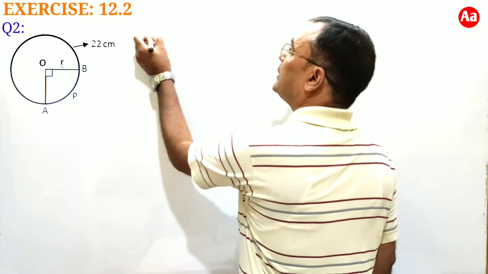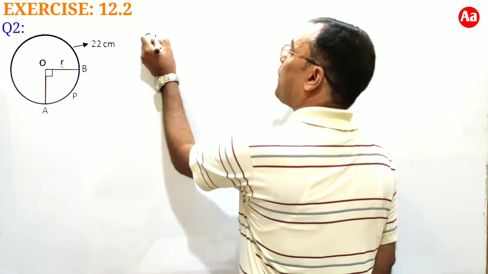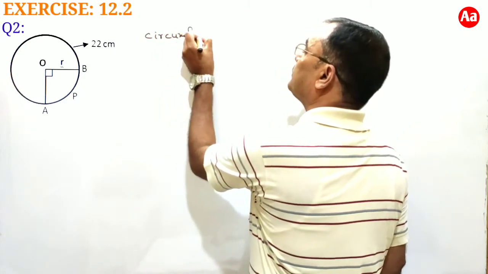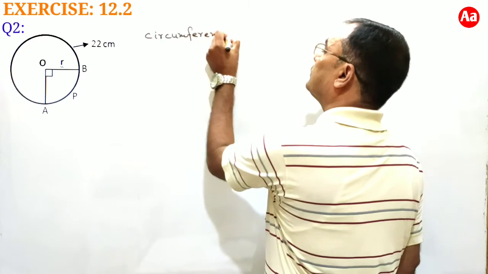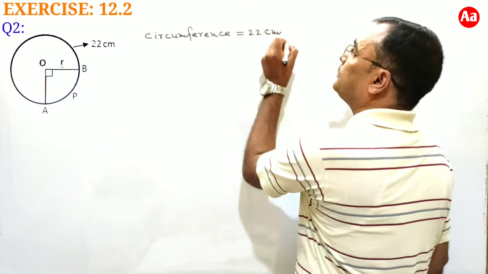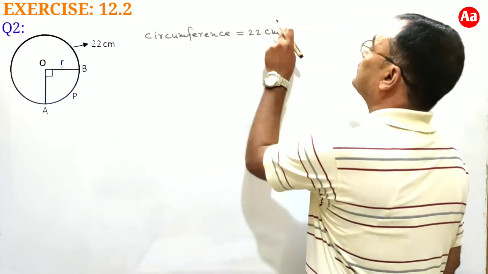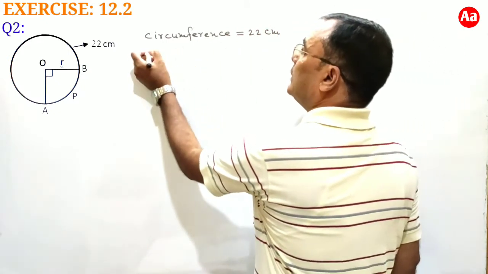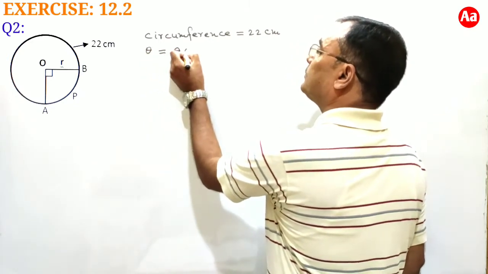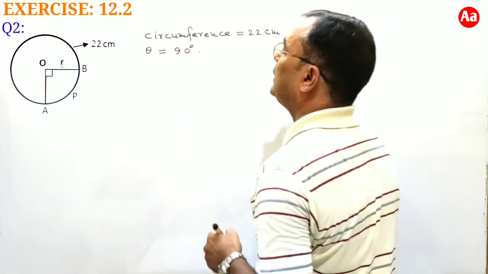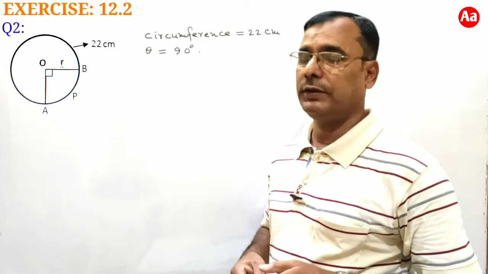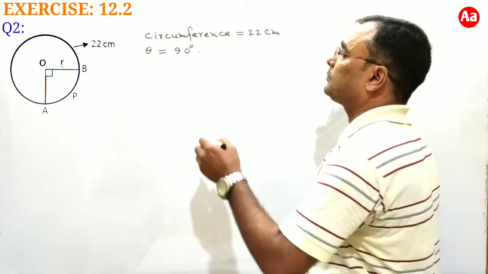So here in this quadrant, circumference of the circle is given 22 centimeter and sector angle is 90 degrees, as a quadrant of a circle is 1/4 part of a circle.